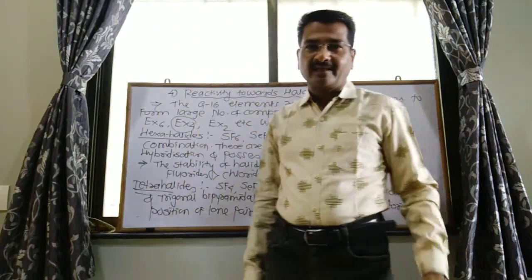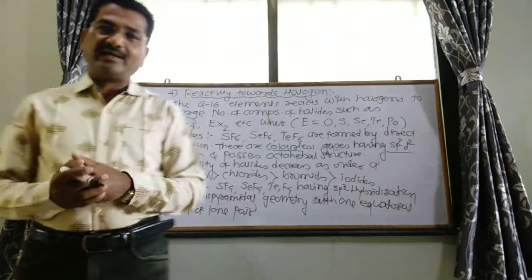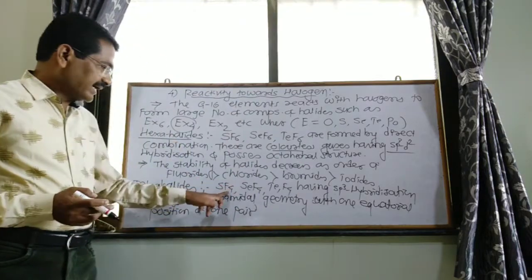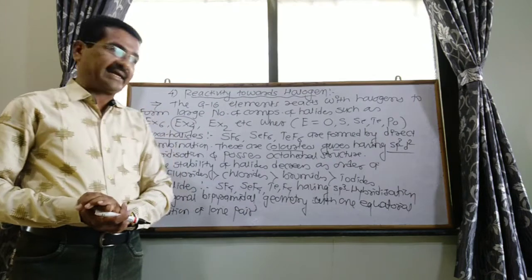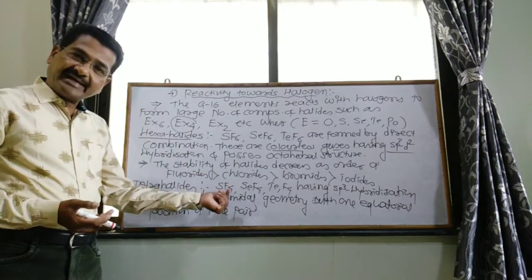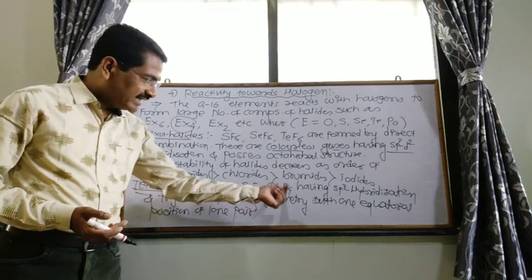Again, how are the tetrahalides formed? When 4 halogens combine with one element of group 16, they form the tetrahalides: sulfur tetrafluoride, selenium tetrafluoride, tellurium tetrafluoride.